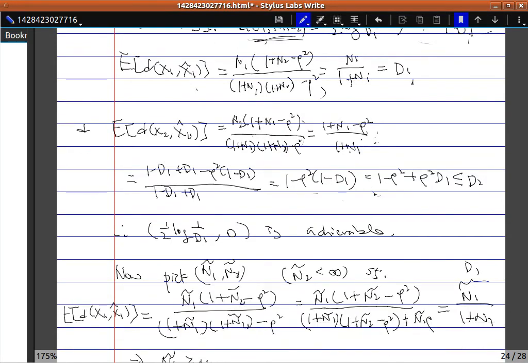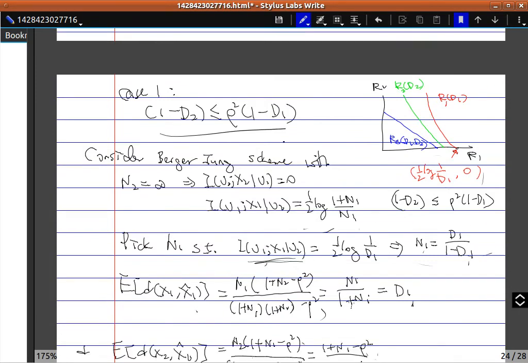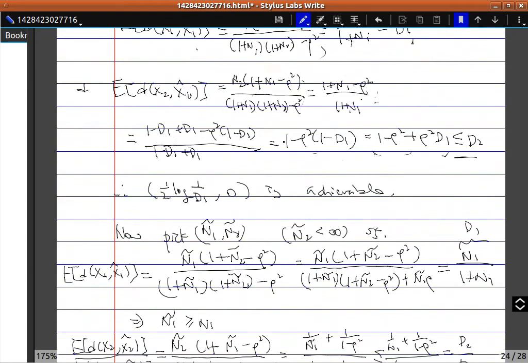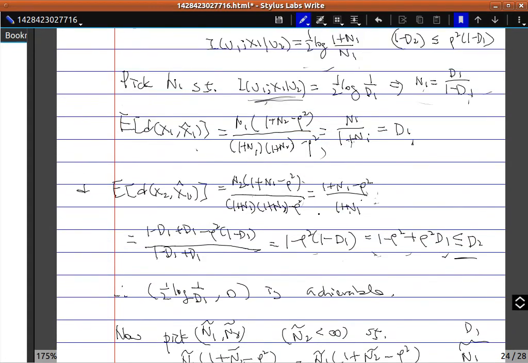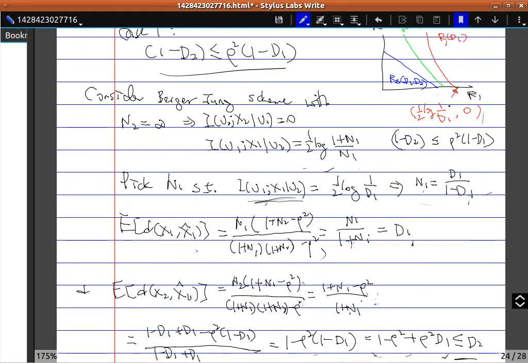So finally we get the distortion is 1 minus rho square plus rho square d1, but this is less than or equal to d2 because of the condition we have right at the beginning. So for this particular choice, the distortion is satisfied, and the rates required are correspondingly 0 and 1/2 log 1 over d1, as we want. So therefore this point is achievable.